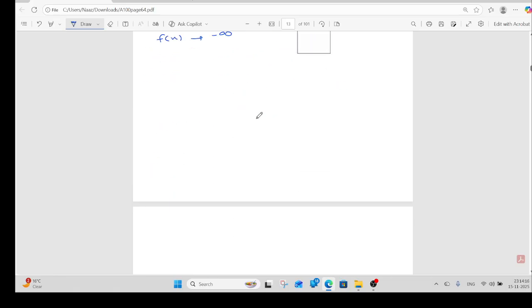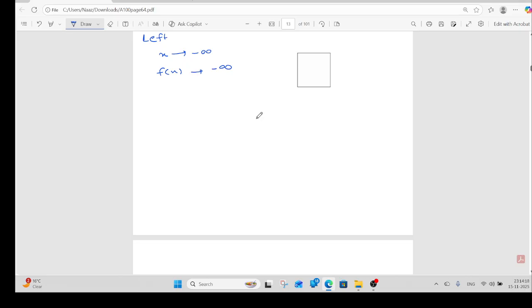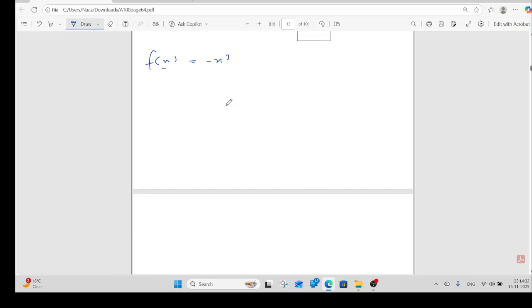Now let's make the leading coefficient negative. Let's say my function is f(x) equals negative x cube. So now the graph looks like this.